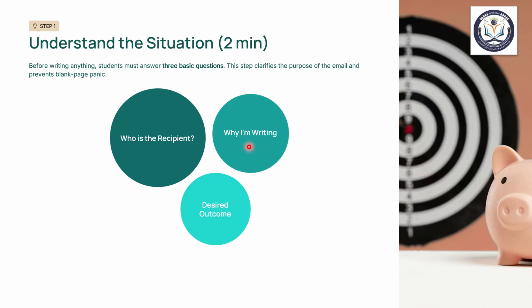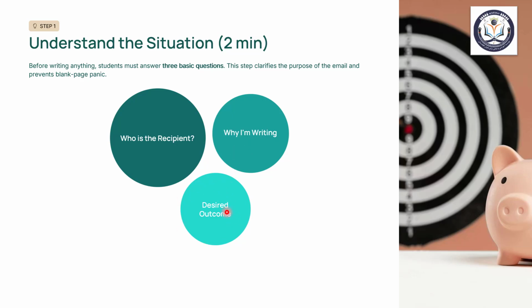It can be requesting a change, asking for clarification, or asking for an extension. So a variety of purposes are possible in writing an email. We decide the purpose of our email based on the prompt, the situation and the bullet points given to answer. So the second question we need to answer is, why am I writing that specific email?